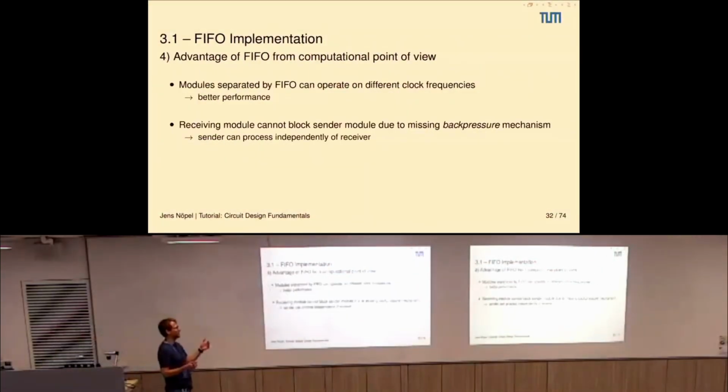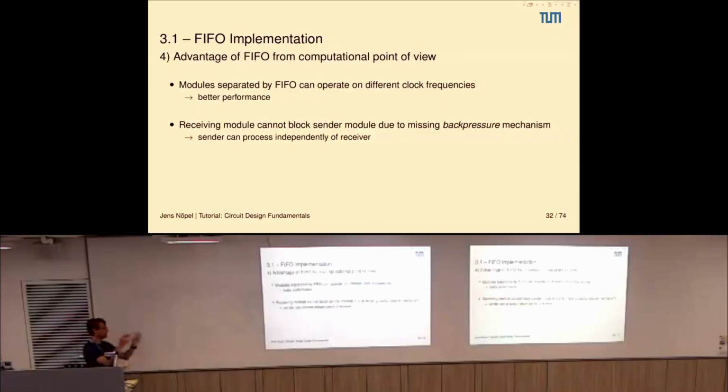So the main advantage is that we have two modules, and normally if you don't have a FIFO in between, then you can only operate them at the same frequency, meaning the one is producing data at the same rate the other one can handle it.